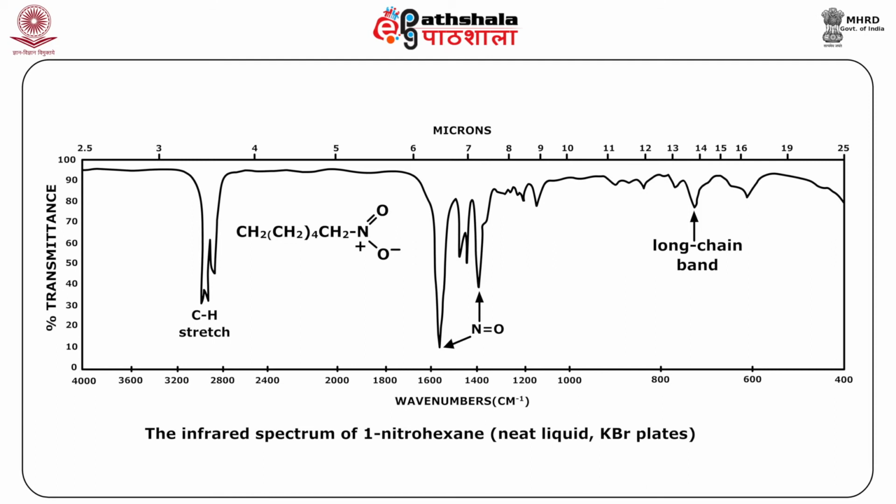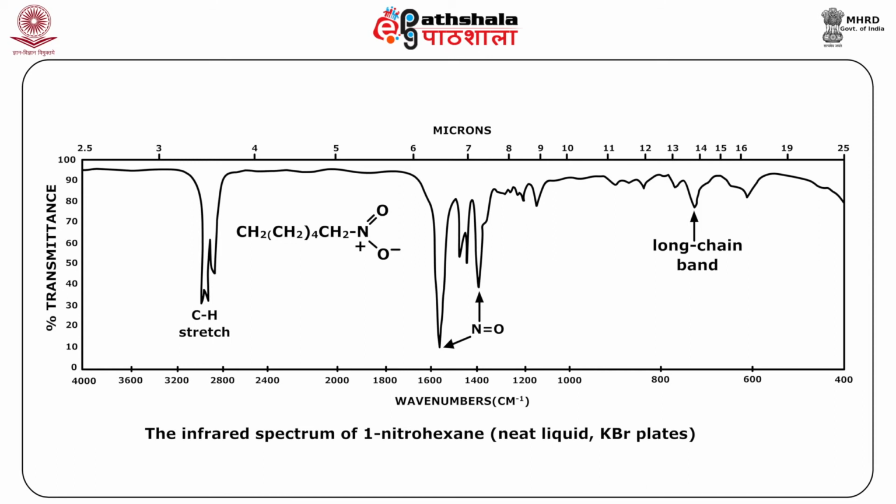For example, 1-nitrohexane absorbs at about 1500 cm⁻¹ and 1380 cm⁻¹. Normally, its lower frequency band is less intense than its higher frequency band.